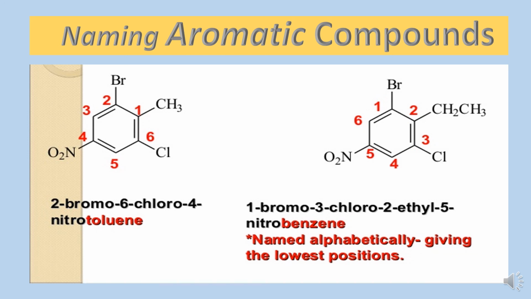Hence, the numbering will start from the carbon where the CH3 group is attached. And in the second case, the parent name will be given as benzene only, and the substituents attached will be numbered alphabetically: 1-bromo, 3-chloro, 2-ethyl, 5-nitrobenzene.